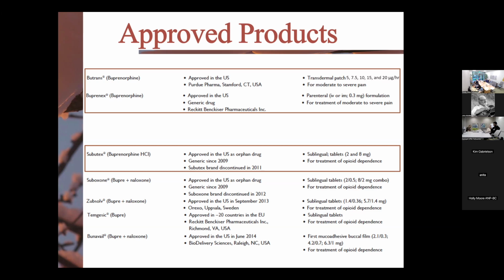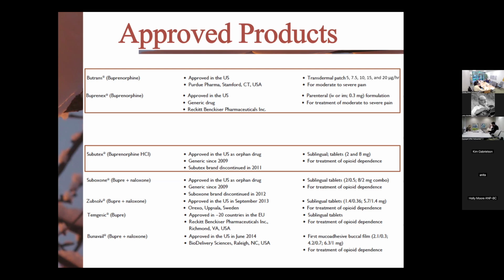So why would we put naloxone in a sublingual tablet? To prevent people from shooting up by dissolving it. Exactly. So it's more tamper-proof. If you're taking it sublingually, you're getting the effects of the buprenorphine, not the naloxone.